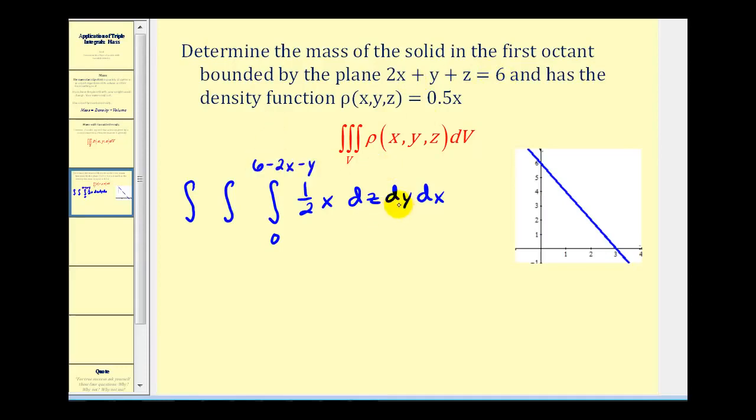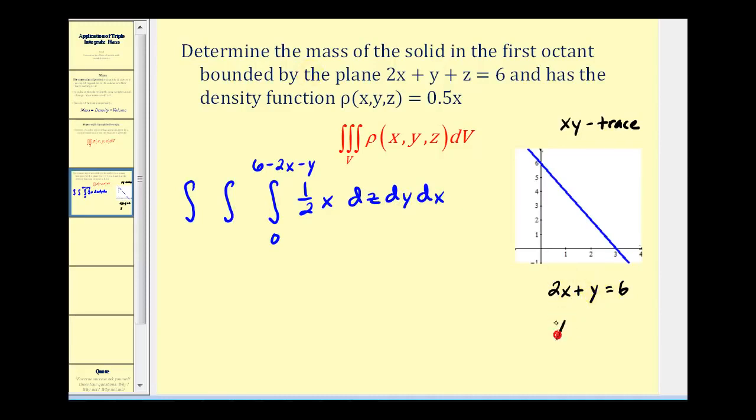To determine the limits of integration for y and x, let's go and take a look at the xy trace. Remember, we determined this by setting z equal to 0, so we'd have the line 2x plus y equals 6. So we have an x-intercept of 3 and a y-intercept of 6. The limits of integration for y must be expressed as a function of x, so we do have to solve this equation for y.